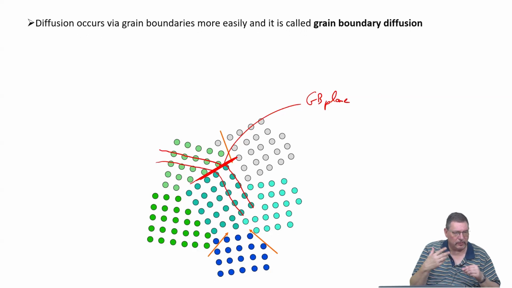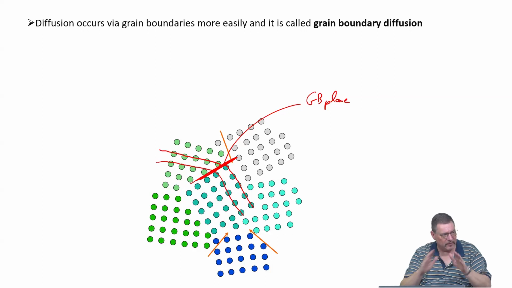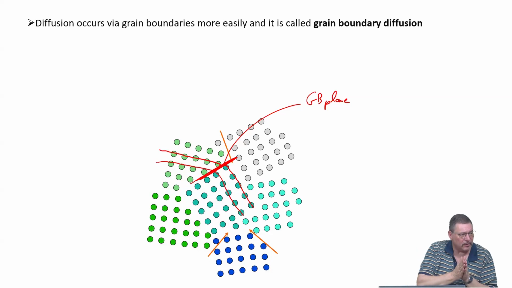This occurs for different lattices at specific misorientations, so specific tilt angles or twist angles of the grain boundary, which means that we have a rather symmetric, well-ordered structure of these grain boundaries.